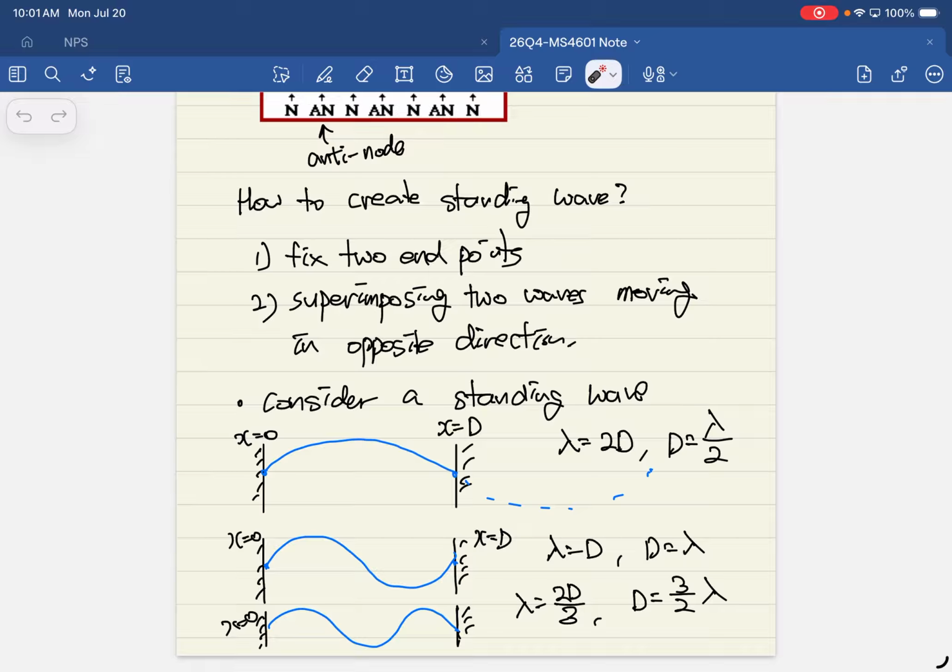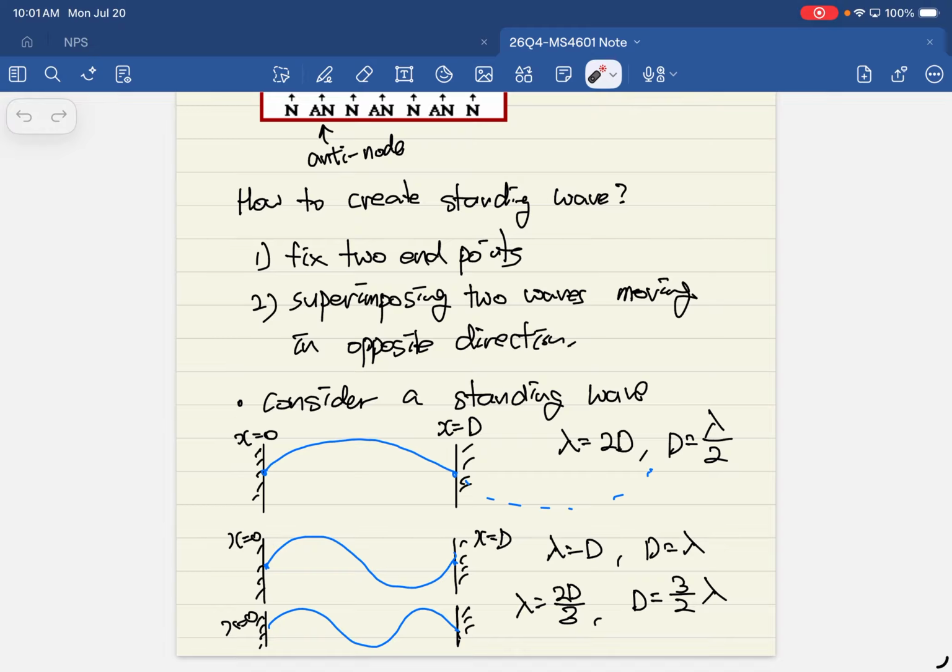We are fixing both ends, and if we vibrate this string, there will be only given conditions for wavelengths.